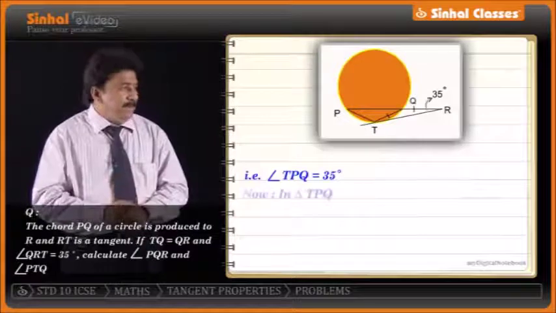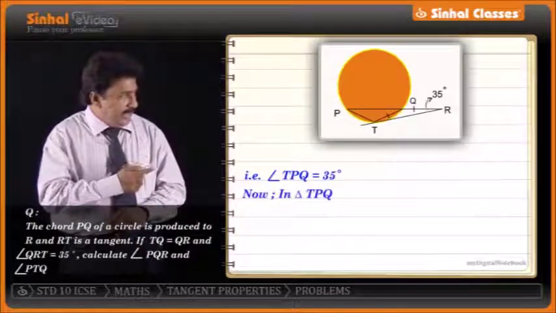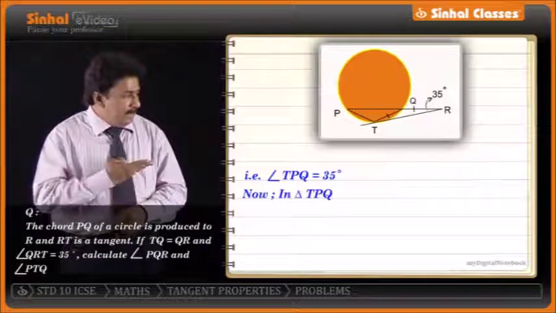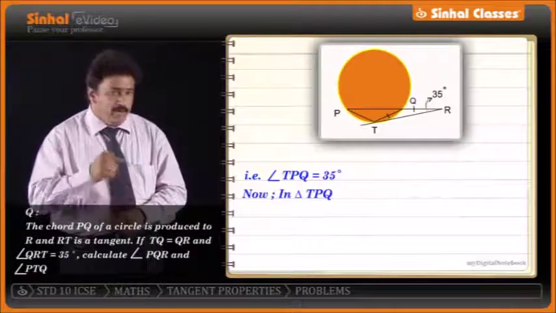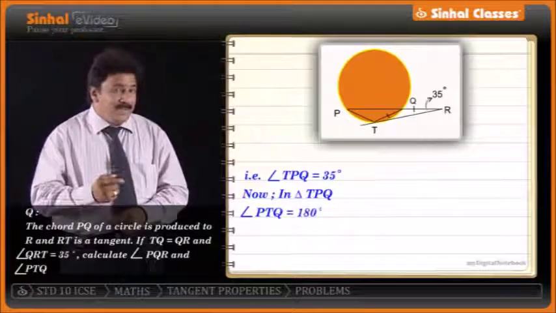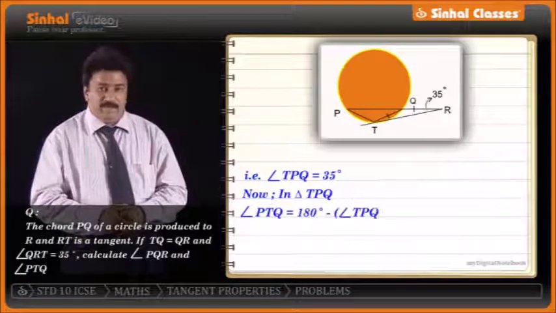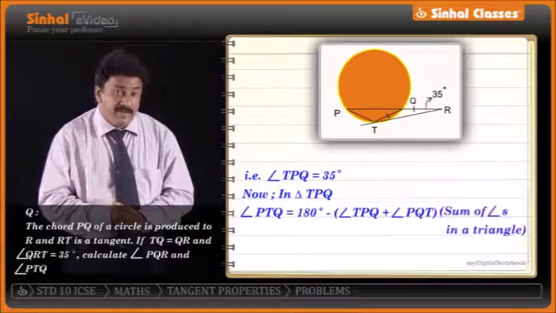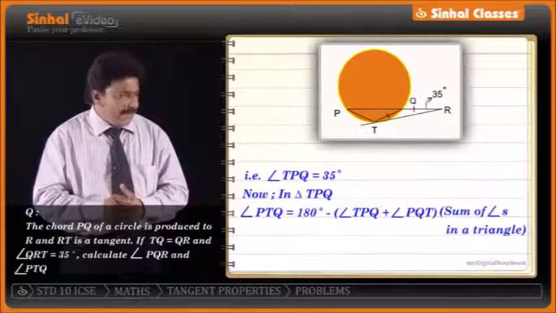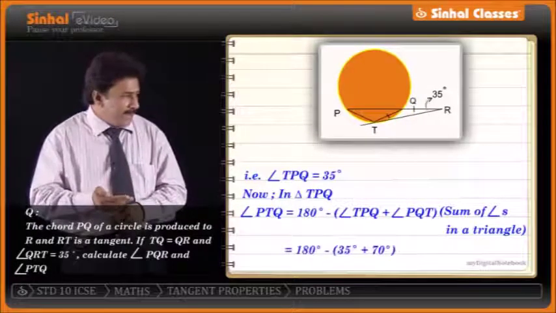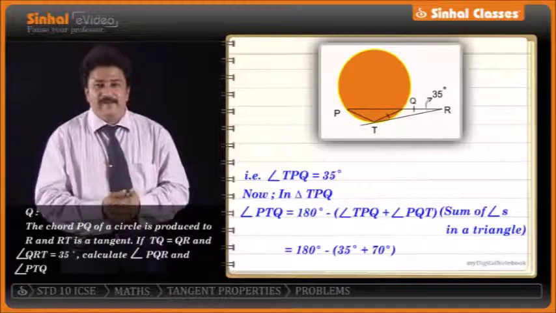Further, what else? In triangle TPQ, I have got angle PTQ is equal to 180 minus angle TPQ plus angle PQT. This is because the sum of angles in a triangle is 180 degree. By putting the values, angle PTQ is equal to 180 minus in the bracket 35 degree plus 70 degree.